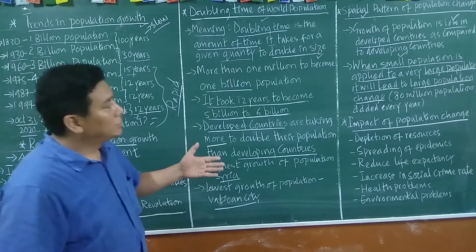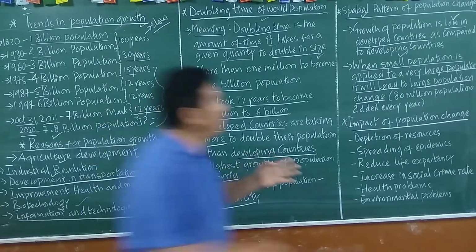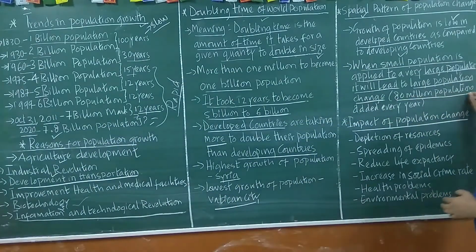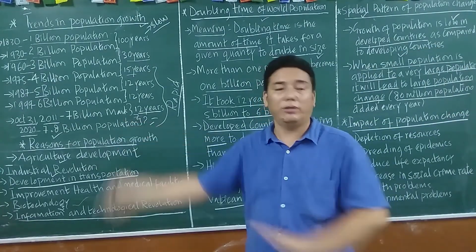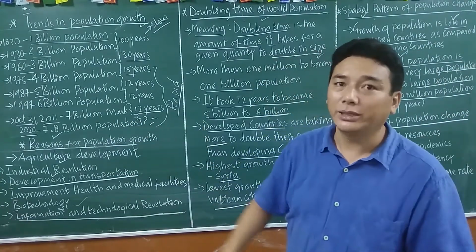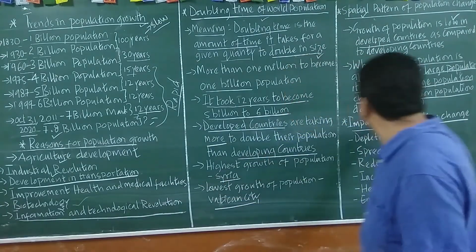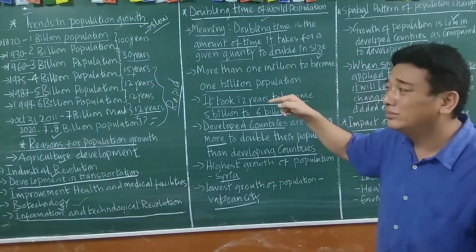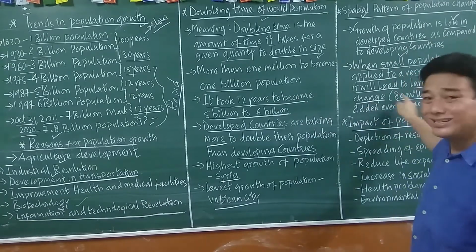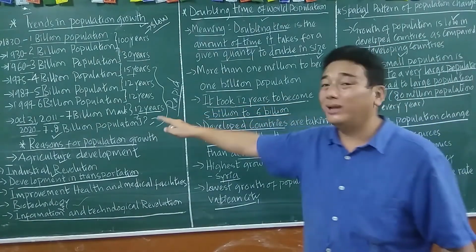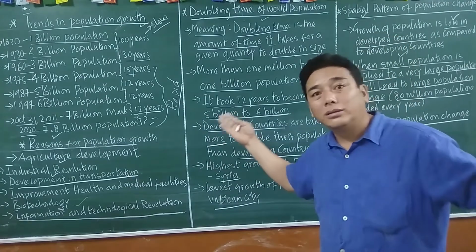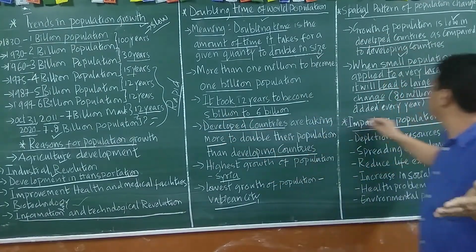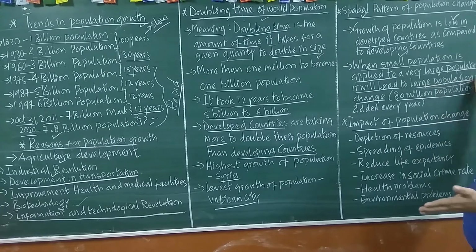Maybe 80 million is a small number as compared to 7.8 billion. But if 80 million is added to 7.8 billion, the answer will be large.